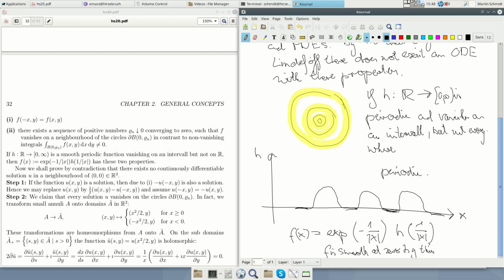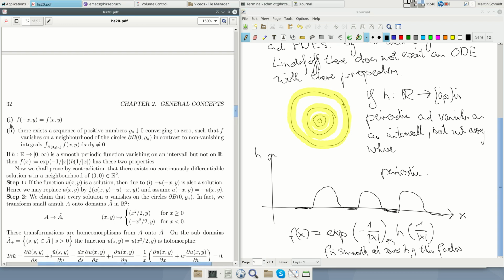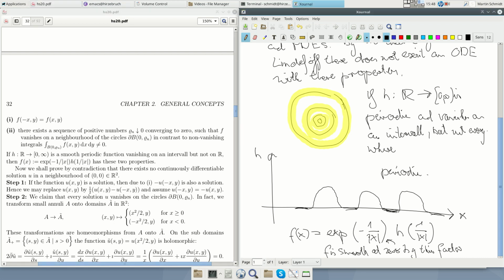This shows us that we have a sequence which behaves like 1 over n, roughly speaking, radii which go to 0. So such a function really exists with these properties. And since our function only depends on the absolute value, here x is of course the length.